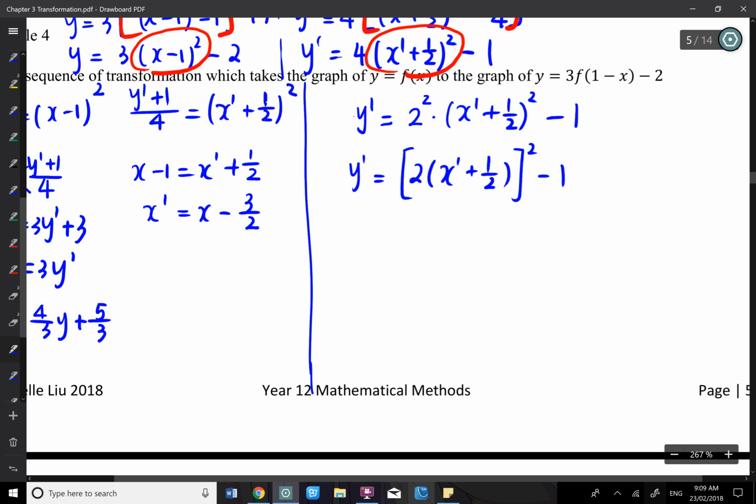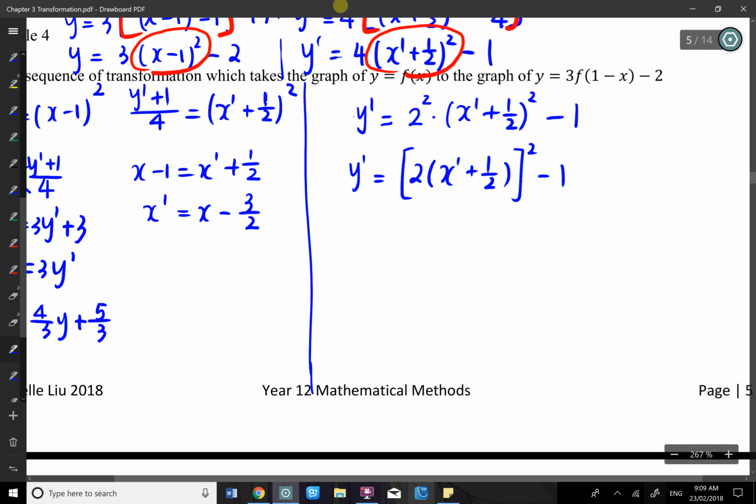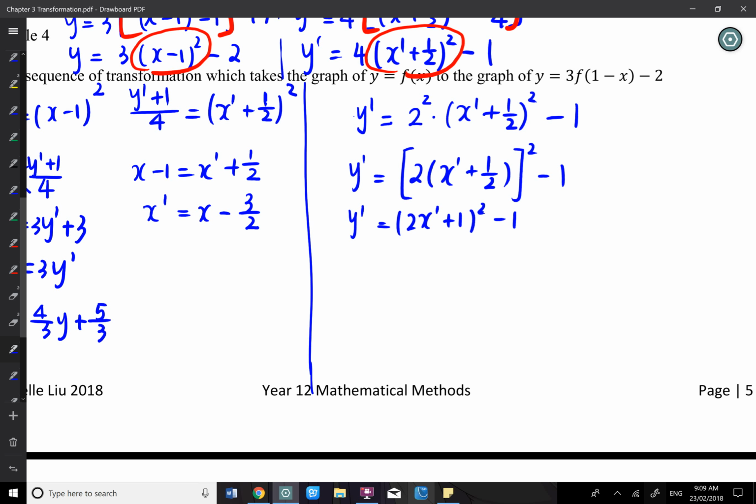You put the 4 back into the square, but you need to square root that and then put it back. And remember the bracket. So y dash equals 2x dash plus 1 squared minus 1. The 4 disappeared from the front, which means I'm changing my x now. I'm not changing the y value.